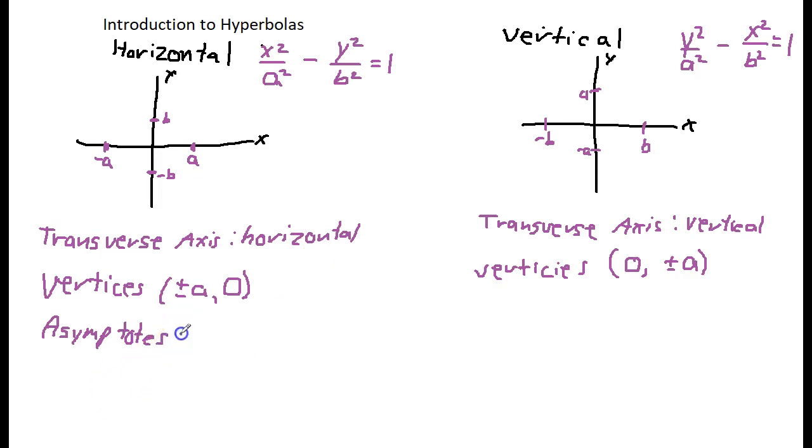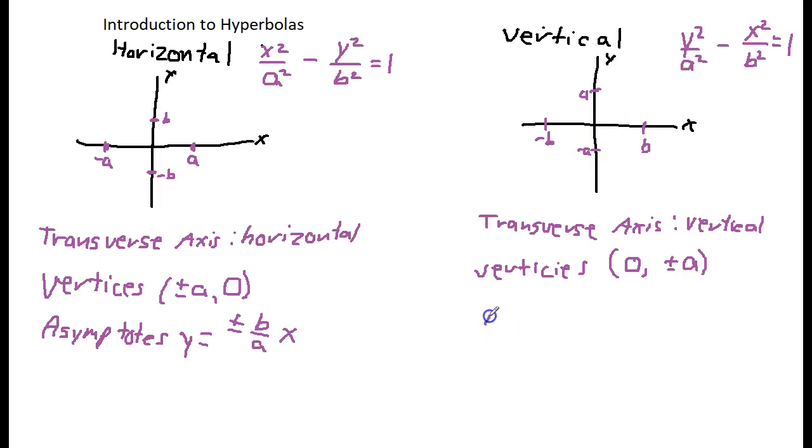It is the equation y equals plus or minus b over a times x. Now, for a horizontal hyperbola, you know slope is rise over run. That's where we get this, rise over run. See? Up b units over a units. Up a units for a vertical hyperbola and over b units.